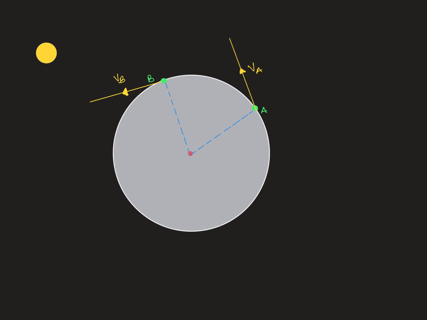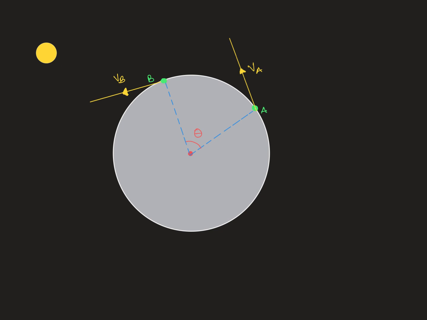As you can see, we have an angular displacement here that is theta. This is the initial position of the body with a tangential velocity VA, and this is the final position of the body with a tangential velocity VB.